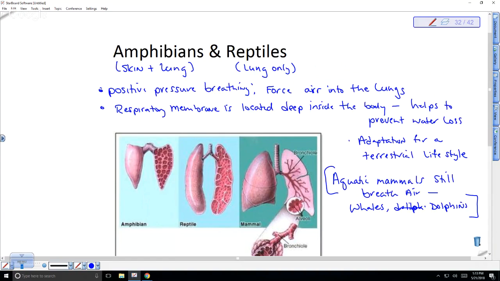And so by breathing air, these aquatic mammals actually retain body heat. Right? So they're not going to lose a lot of heat to the water as if they had gills. So gills would be a problem. They would be exposed to the water and the heat would just seep right out of them. Okay.